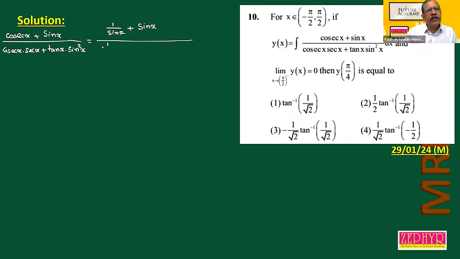In the denominator, we have the first term 1 by sin x into 1 by cos x, and tan x is sin x by cos x into sin squared x.